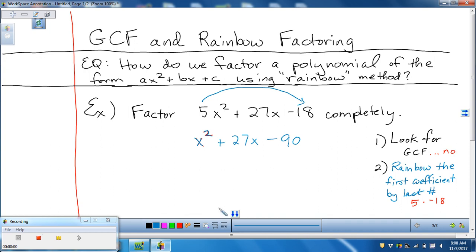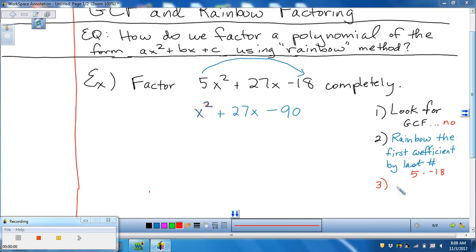Now, once I've done this, my next step is to factor as usual. What that means is find our factor pairs. So we've got x times x for x squared. For 90, we're going to list all our factor pairs.